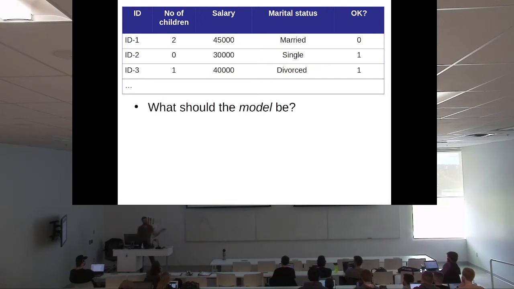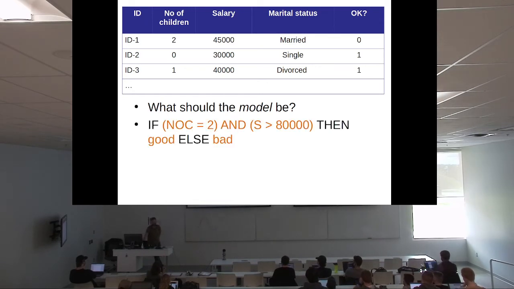What should I use to help me find this solution? Here's an example. Maybe it's a simple decision tree: if the number of children is equal to 2 and their salary is greater than 80,000, then yes, they can get a loan. Otherwise, false. Very simple.